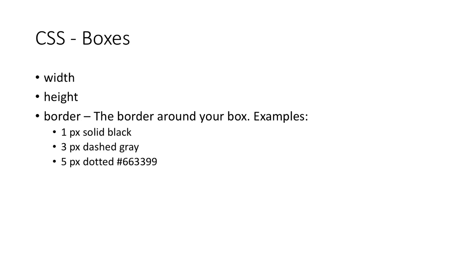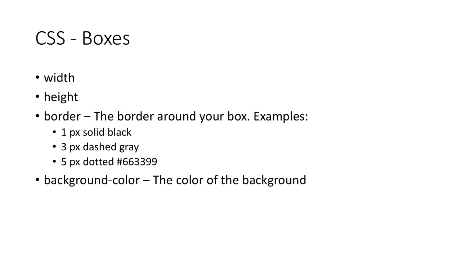So it goes the value and then the value's measurement, so in this case pixels, and then the type of line. So in this case, it's a solid line versus a dashed versus a dotted line, and then the color, and then that's going to define your border around the box.